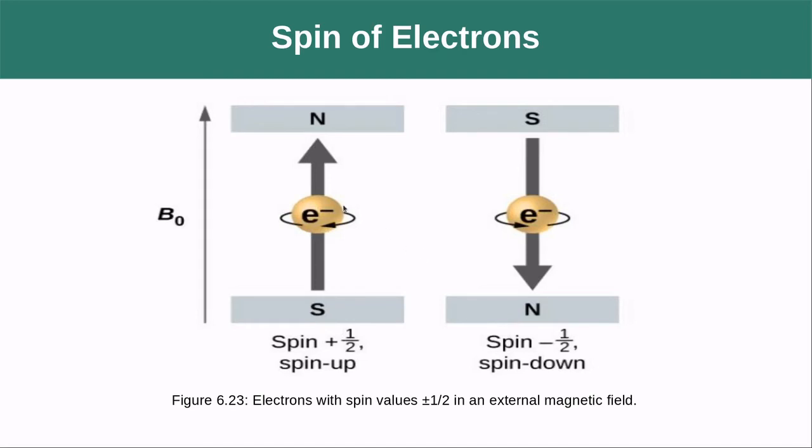You can think of the electron as a little magnet with a north and south pole that could be oriented one way or another. If I apply an outside magnetic field, the electron can orient with it or against it.